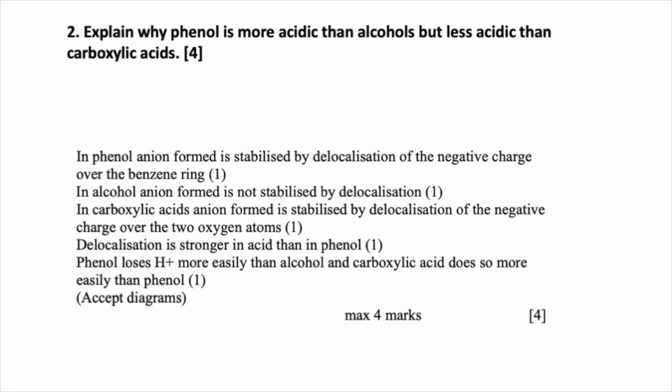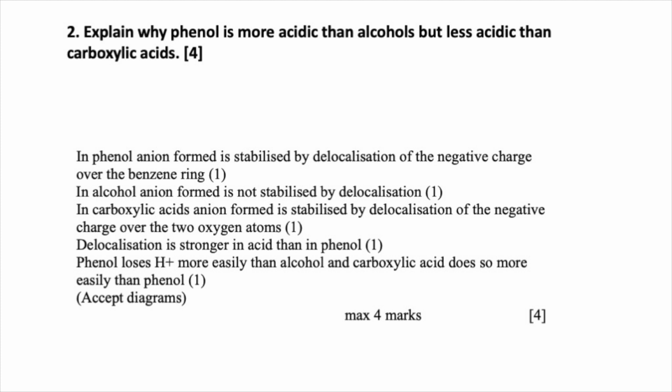And to get the 3rd mark, you have to say that carboxylic acids have more stable anions because the electrons can spread over the 2 oxygen atoms and the carbon. So there's a mark for that. And if you said that this delocalization is stronger in the acid than in phenol, there's a mark for that.